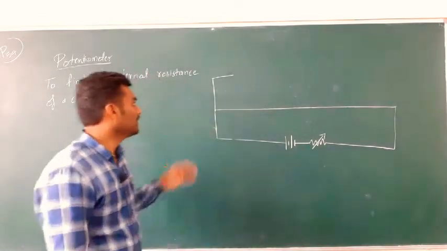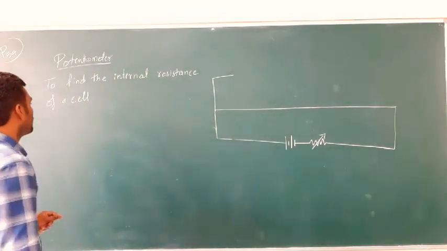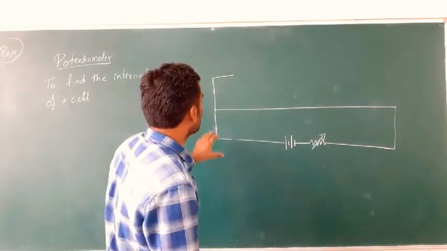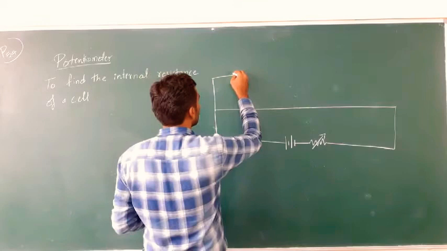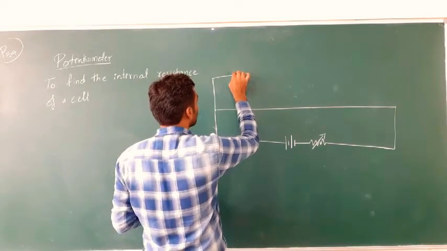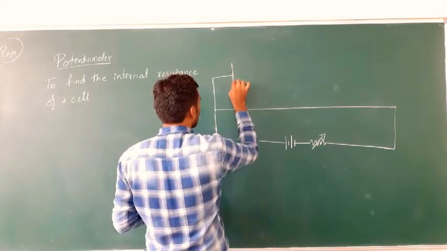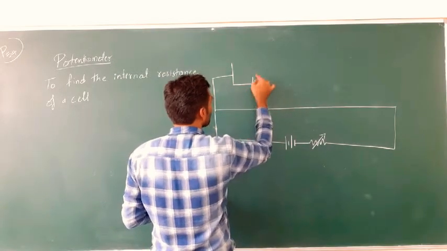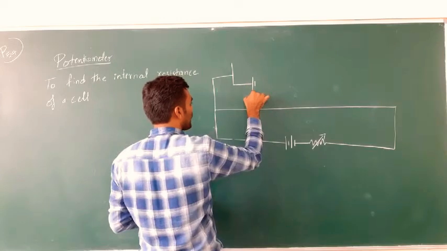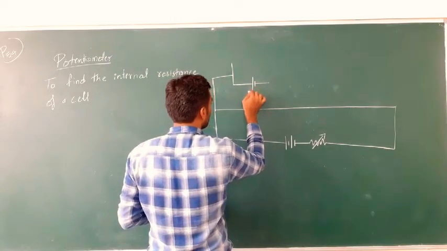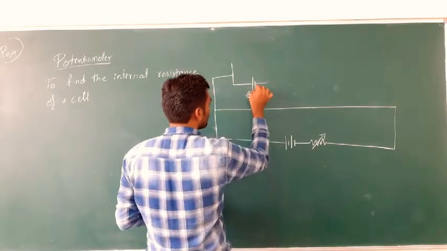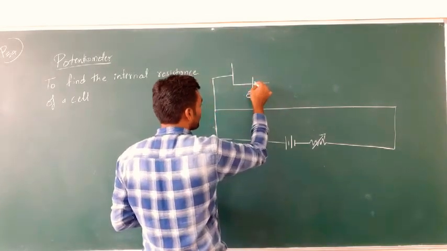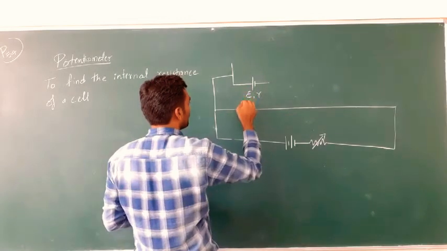Now moving ahead, how do we find the internal resistance of a cell? To find it, the circuit in the secondary branch is as follows. We again have a parallel circuit with the cell whose internal resistance has to be calculated. Let E be the EMF of this cell, and r is its internal resistance.